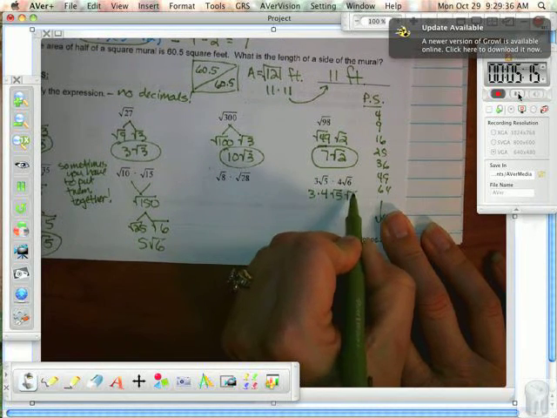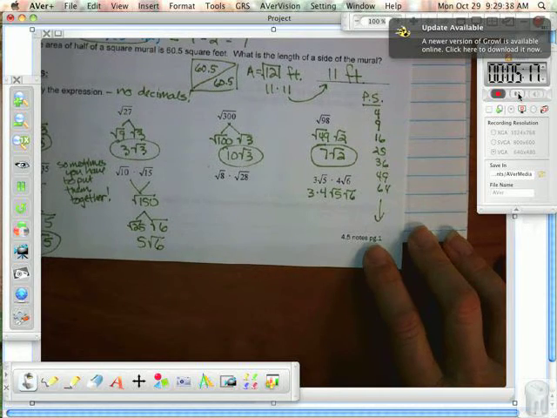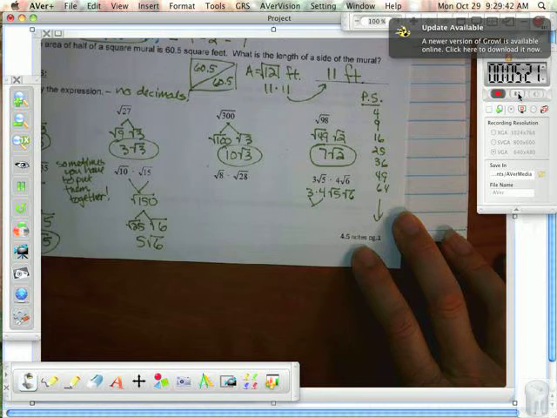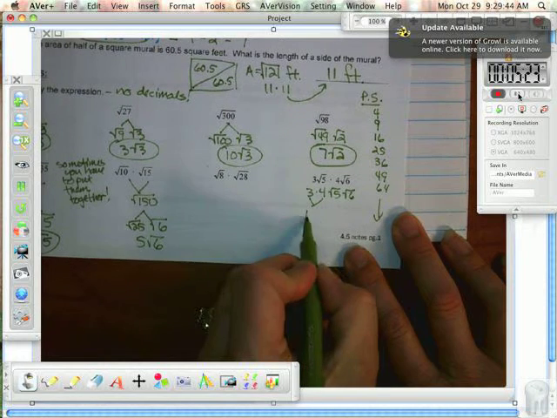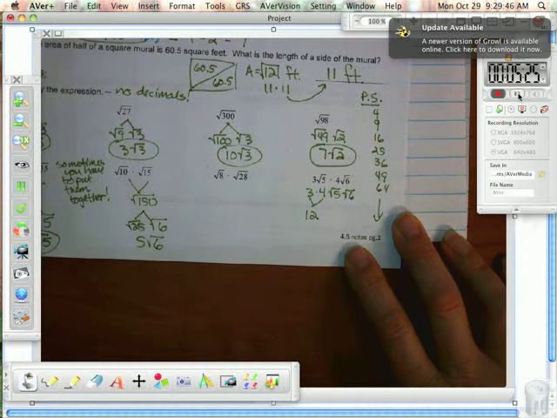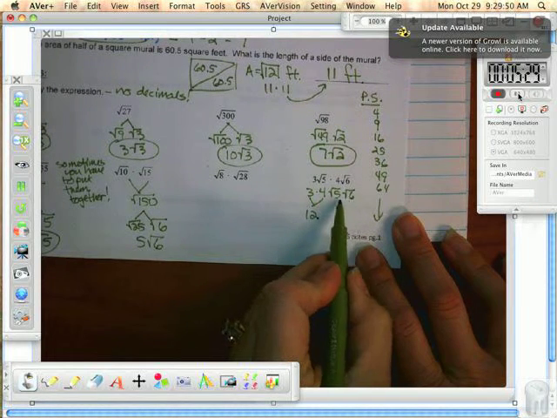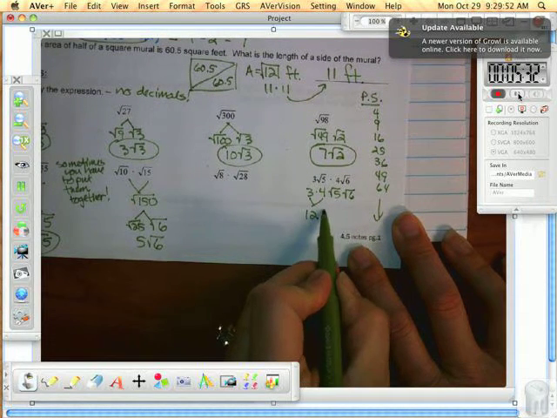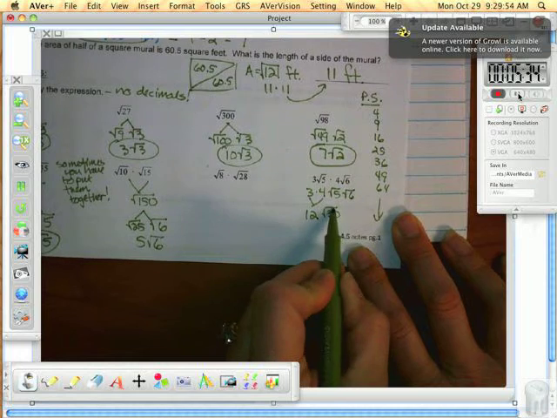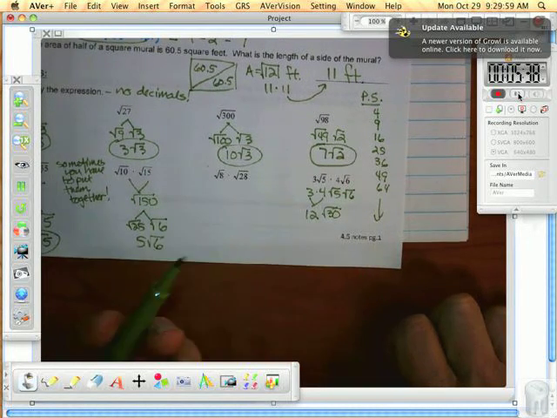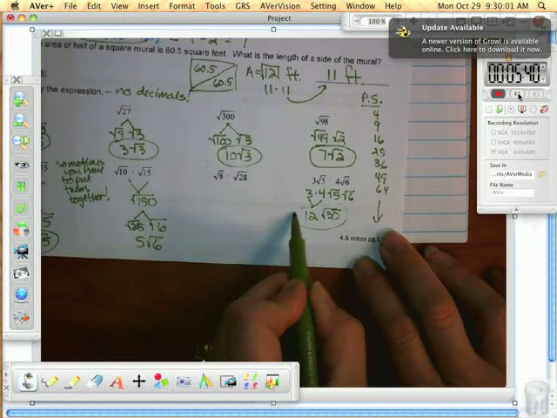Can I multiply these together? Sure. 12, that's on the outside. It doesn't really affect my factoring at all. Now I'm going to look at these and I can't do anything with them like that. If I put them together, can I do anything with them? Is there anything on this list? No. So this is just going to be my answer. This is the most simplified form of that.